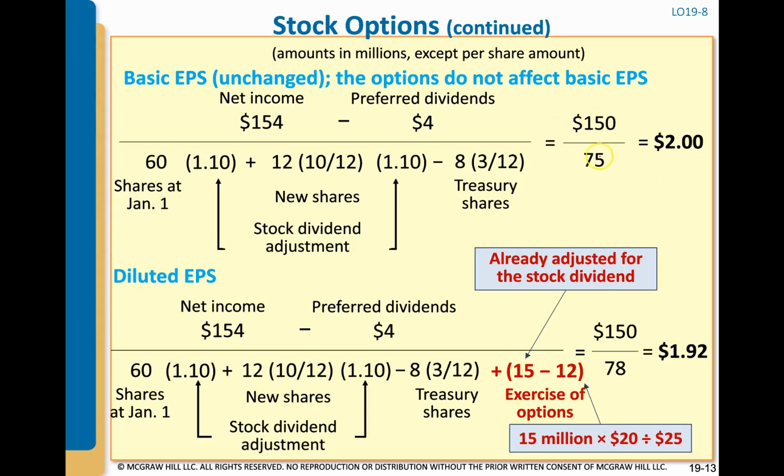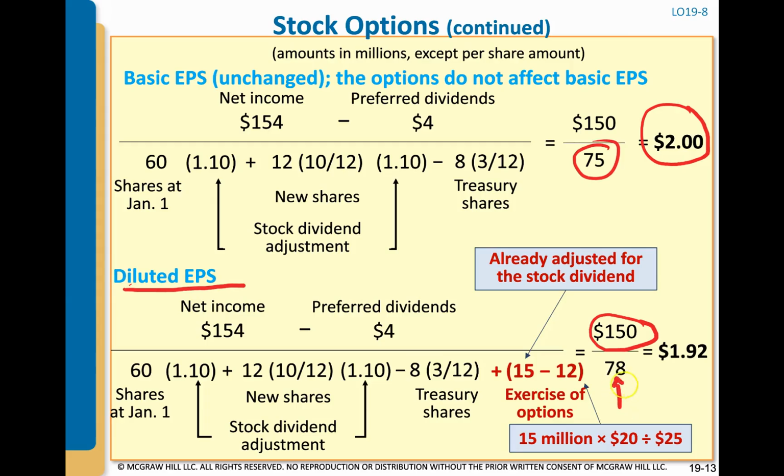So this slide is very busy, I know. Here's where we calculated our basic earnings per share, where we had the 75,000 or 75 million weighted number of shares outstanding, common shares outstanding. And in here, we take that same net income minus preferred dividends. This is the diluted earnings per share we're looking at now.